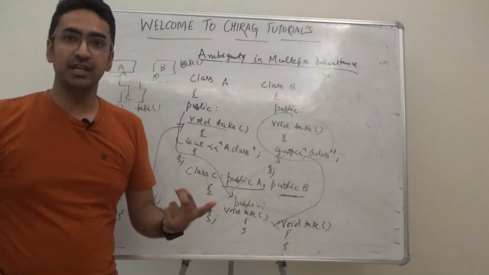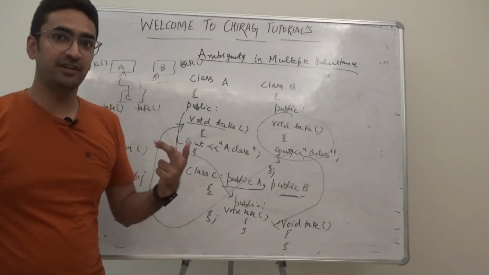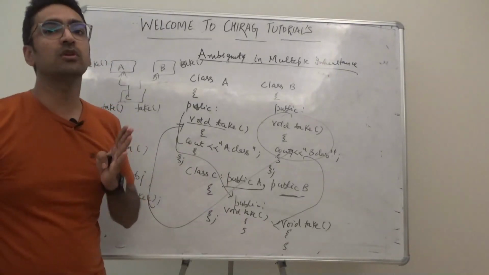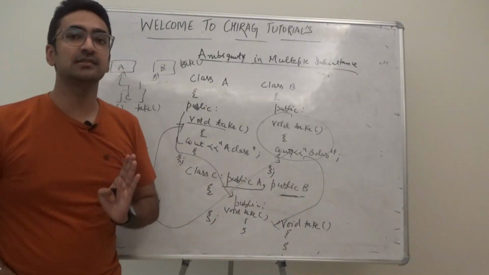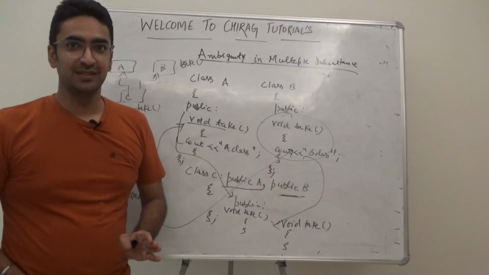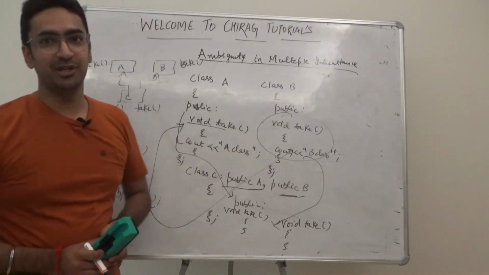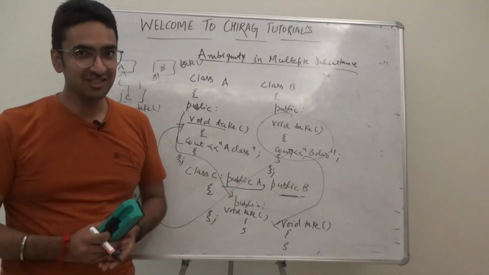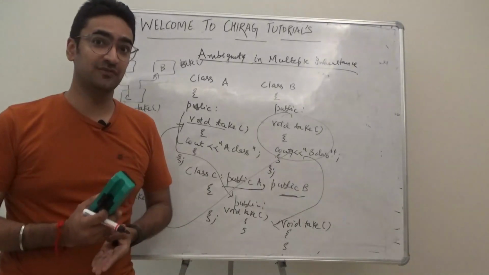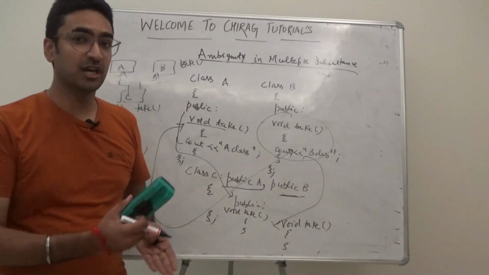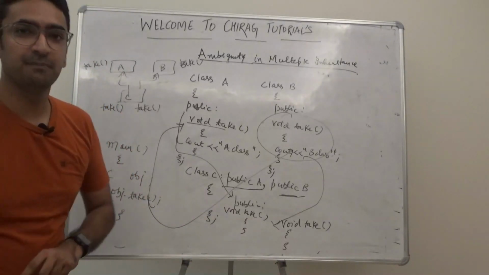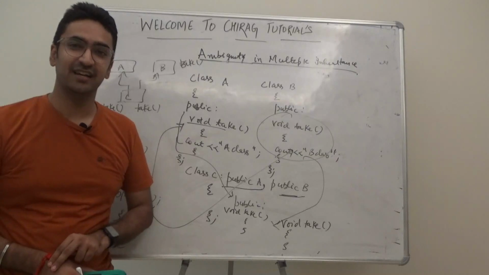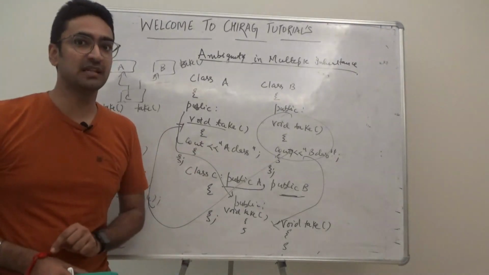Whenever there is unsurety, whenever there is this kind of a confusion, it will give you compile time error and it will clearly mention that take function is ambiguous. This is known as ambiguity. This is a situation where even the compiler does not know which function to get called and both are public take functions. Unfortunately, this is a compile time error and it's a problem of C++ as well.